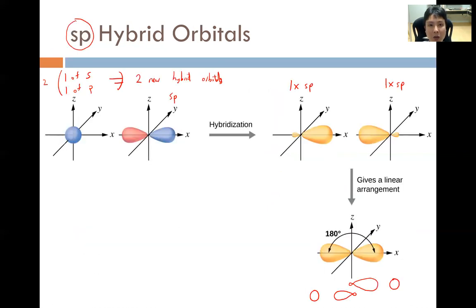So one thing that I forgot to mention is that for the sp orbitals, we took one of the s orbitals and one of the p orbitals for the remolding effect. But notice that a carbon atom has three p orbitals, which means that there are actually 2 unhybridized p orbitals.